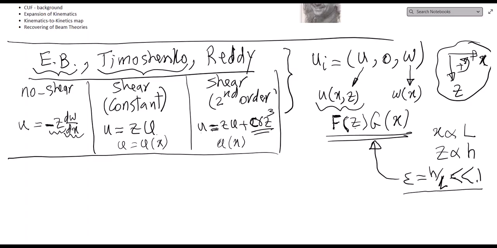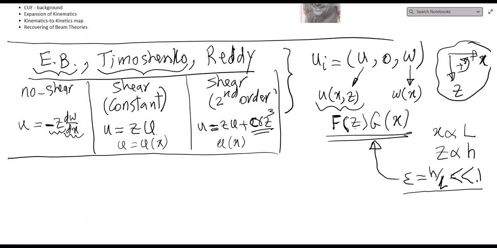There is a mathematical foundation for that. In other words, we are saying that the changes along the axis of the beam are much smaller than the changes across a cross section in the direction of z. We are neglecting any displacement in the y direction, at least for now.